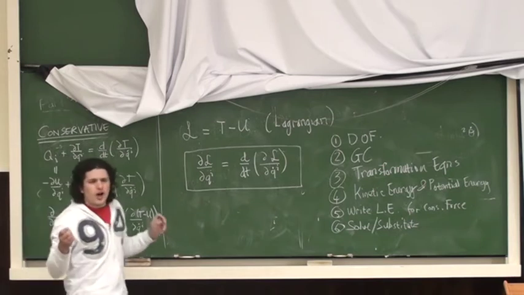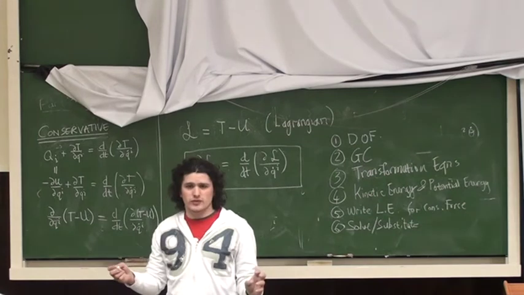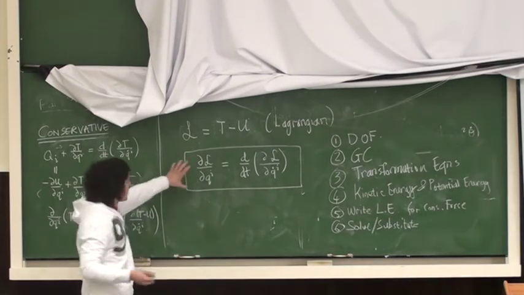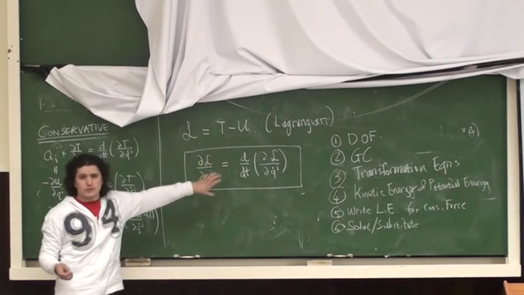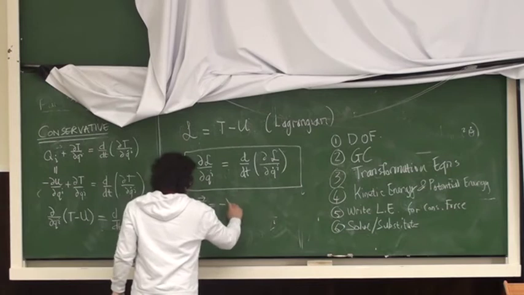What we're going to start doing is talking about what conservative forces do. So we've seen that for a conservative force we can write the Lagrange equation in this form. We've seen that a conservative force is a force that can be written there.